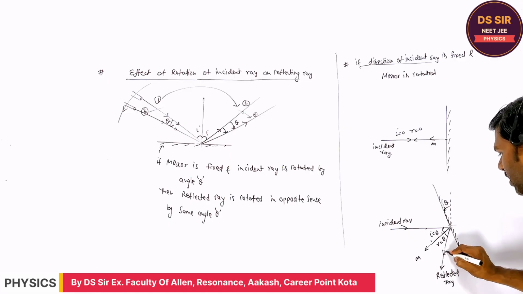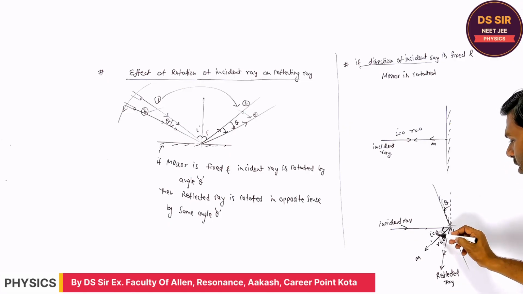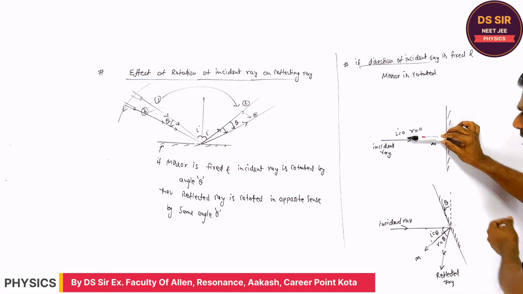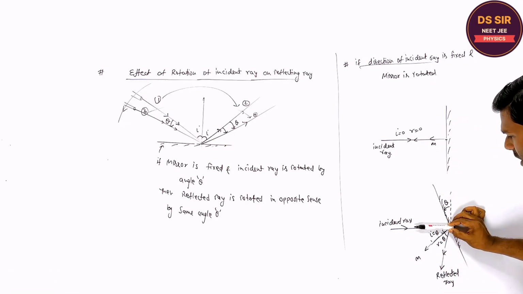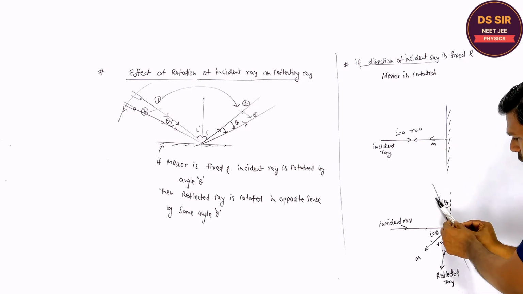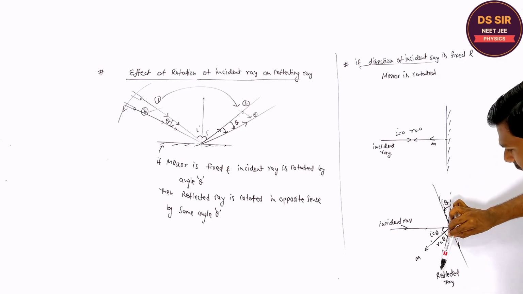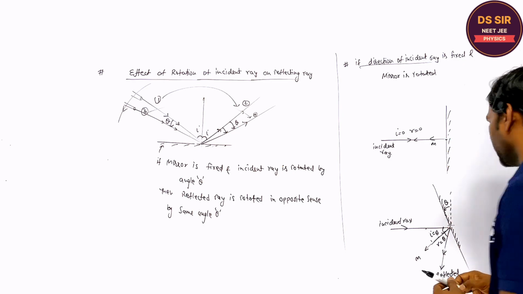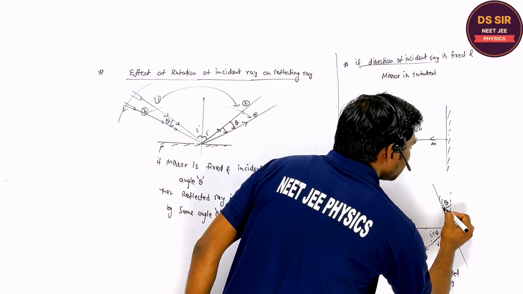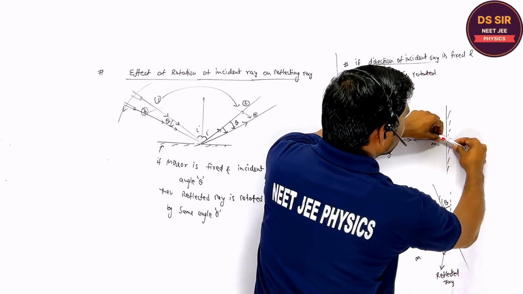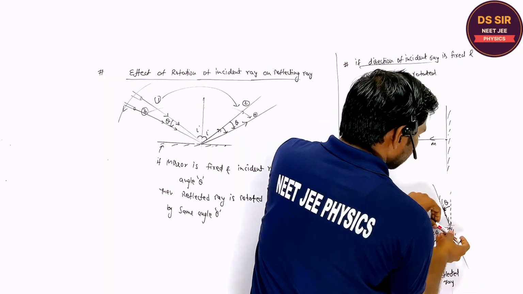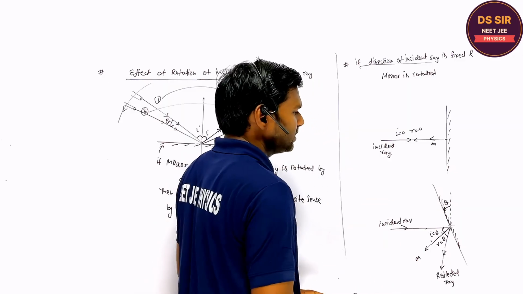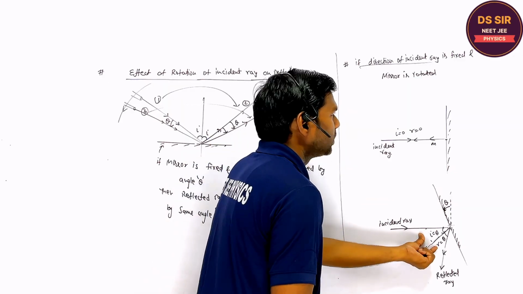Theta plus theta. Initially the reflected ray was in this direction. Now by rotating this mirror, the reflected ray is rotated by angle 2 theta, in the same direction. If the mirror is rotating in anti-clockwise sense, the reflected ray is also rotating in the same sense, by angle 2 theta, right.